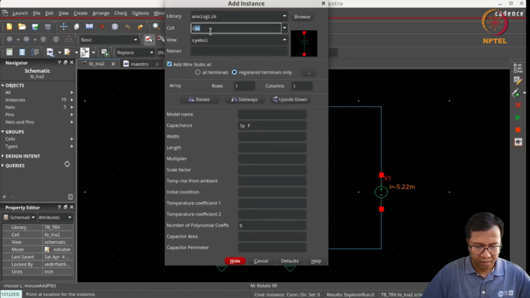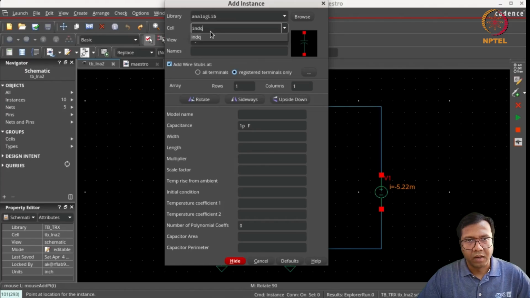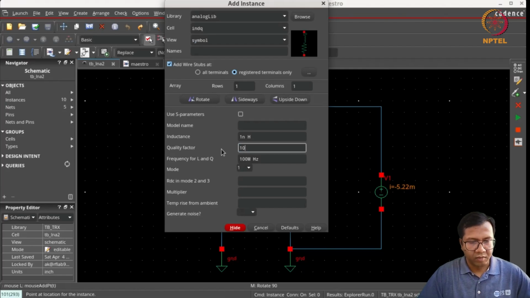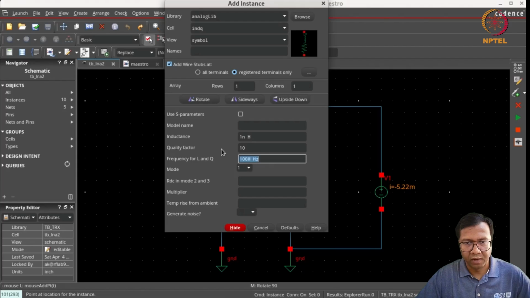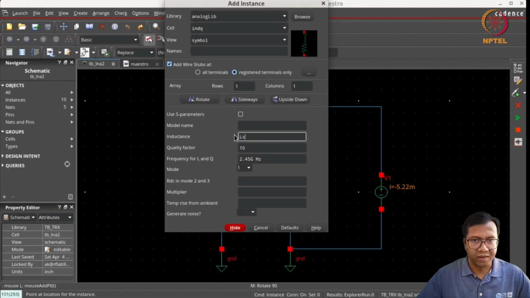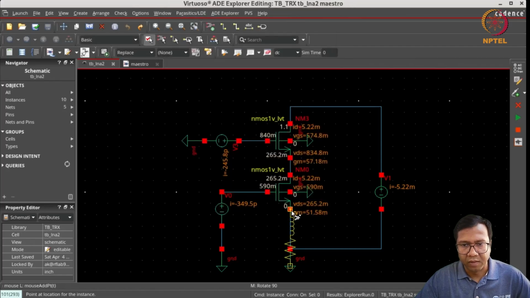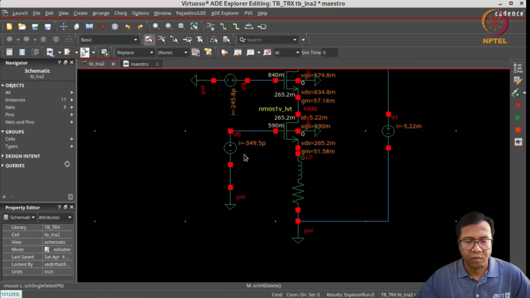So we will add an inductor, and here we also have an IND Q element where the loss of the inductor can be directly included by just mentioning the quality factor at the given frequency. So let's say we have a series inductance at the source node to be LS with a Q of 10. So we'll add this element, and now we want to check the input impedance.